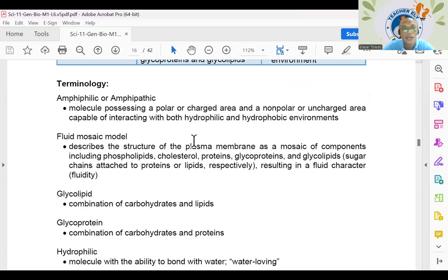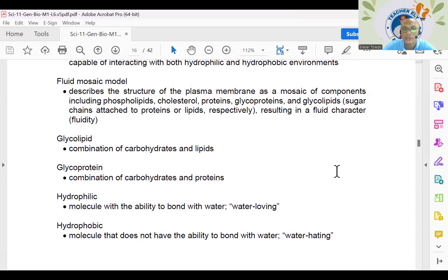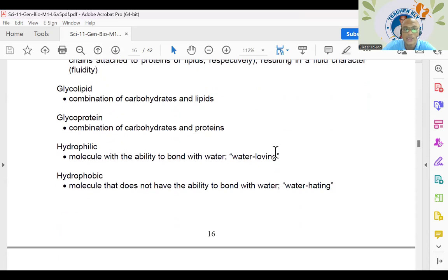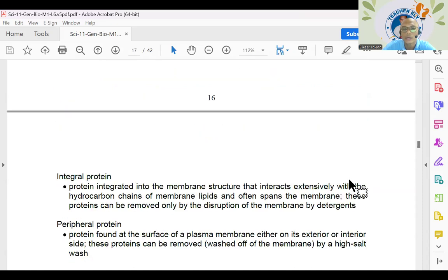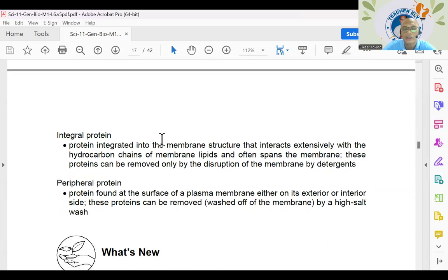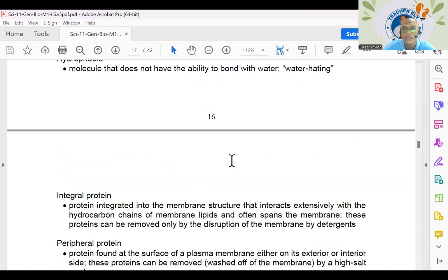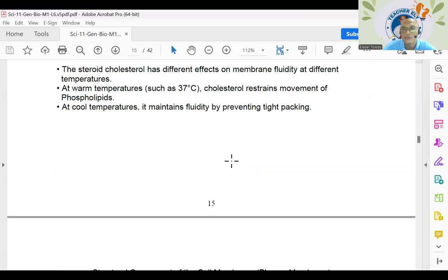It describes the structure of the plasma membrane. The plasma membrane is also called the fluid mosaic model. Glycolipid is a combination of lipid, which is fats, and glyco, which refers to carbohydrates. Hydrophilic is water loving, hydrophobic is water hating, and there are some other terminologies. Please go through them.